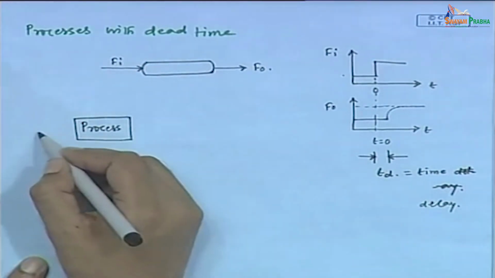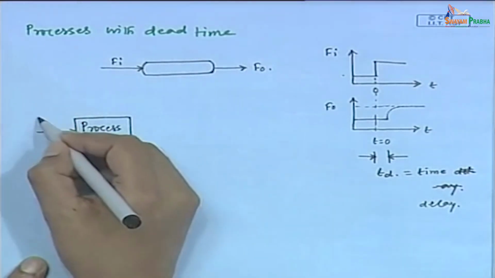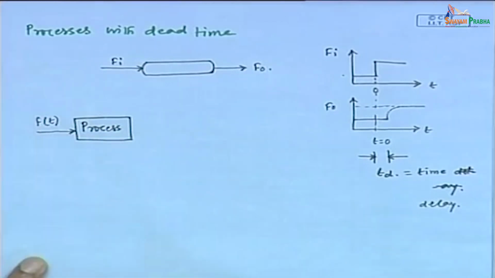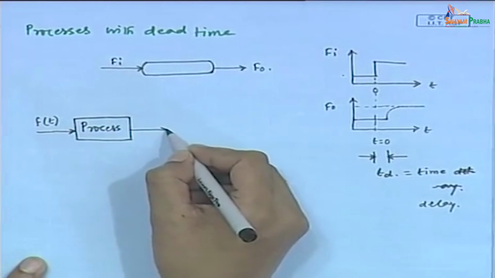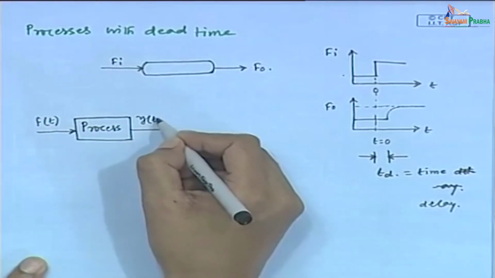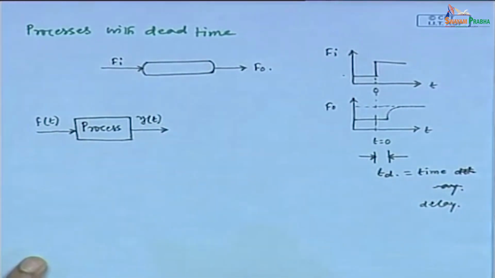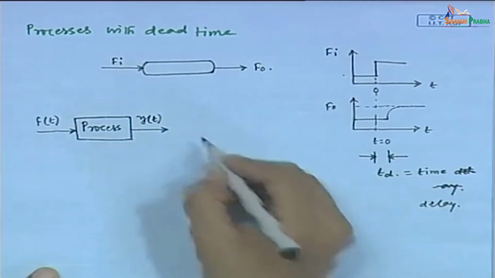Input to this process is suppose f(t), fine. Output of the process is say y(t). Now, we need to include one block for dead time. This time delay is again called dead time, fine.